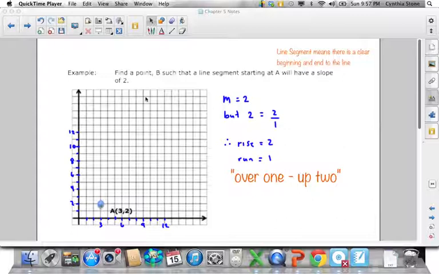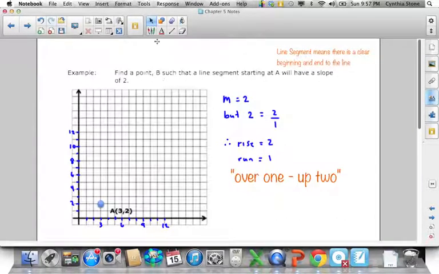It's saying find some point B such that a line segment starting at A will have a slope of 2. So what does that mean? It means that if I drew a line from A with a slope of 2, it would intersect this point B. And there are an infinite number of answers.